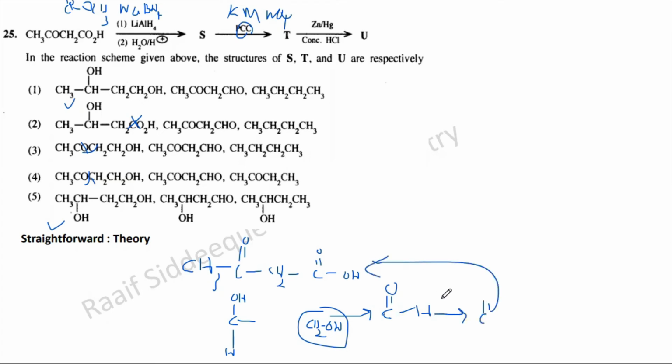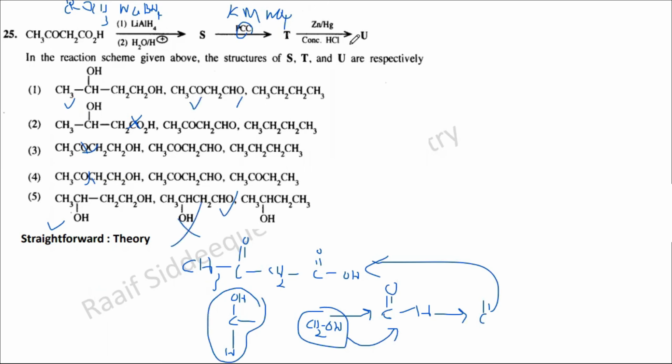But PCC, a mild oxidizing agent, can only do the first step, which is to produce an aldehyde. That's all. So here we can see it has produced an aldehyde, and PCC also can oxidize the carbonyl compound to the same C=O. So this is correct and this is wrong.